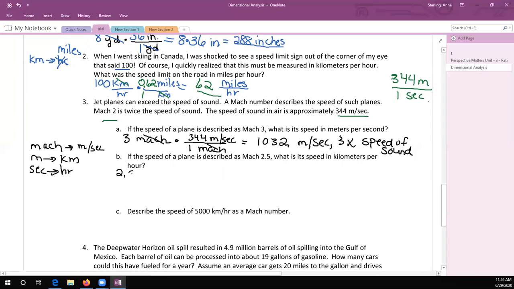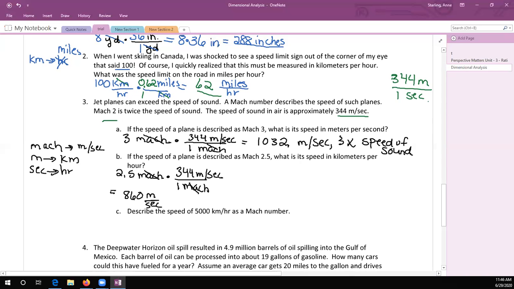So if I have a 2.5 Mach, the only conversion I have with Mach is that 1 Mach is 344 meters per second. Okay, that gets rid of the Mach, and I'm going to just write what that is. So my 344 meters per second times that 2.5 gives me 860 meters per second.